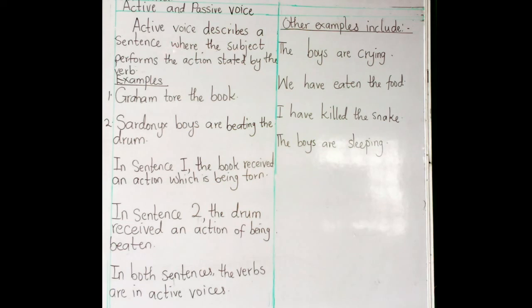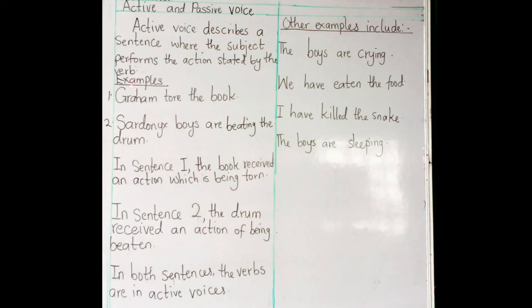Now, when we talk about active voice, we're talking about the action that the doer carries out. The doer is the first part of the sentence, whichever or whoever you find at the beginning of the sentence, that's the part we call the subject. So whichever action that subject carries out, that's what we call active. I'll take that again.